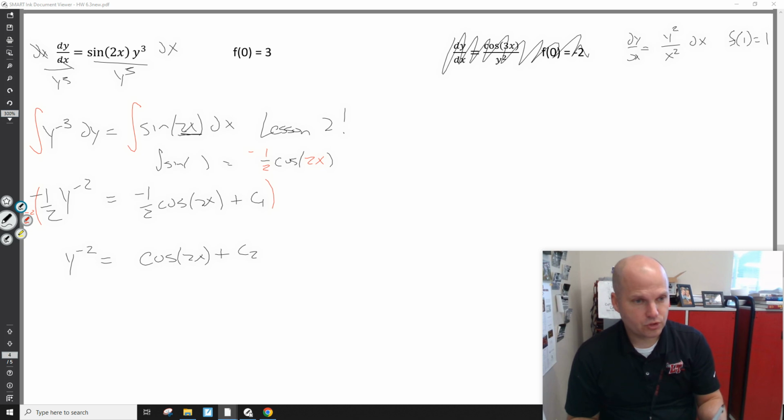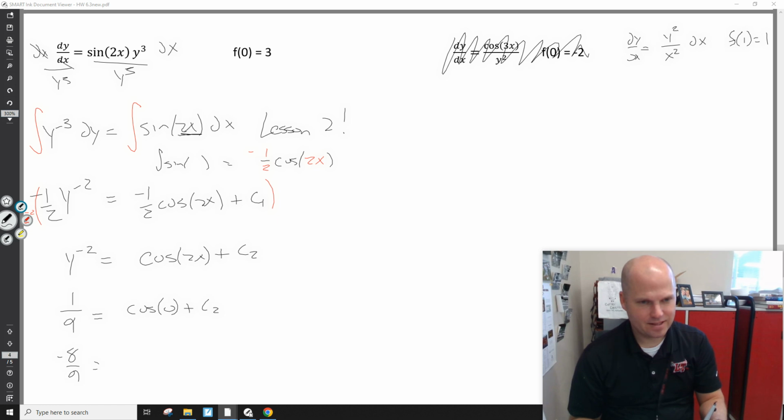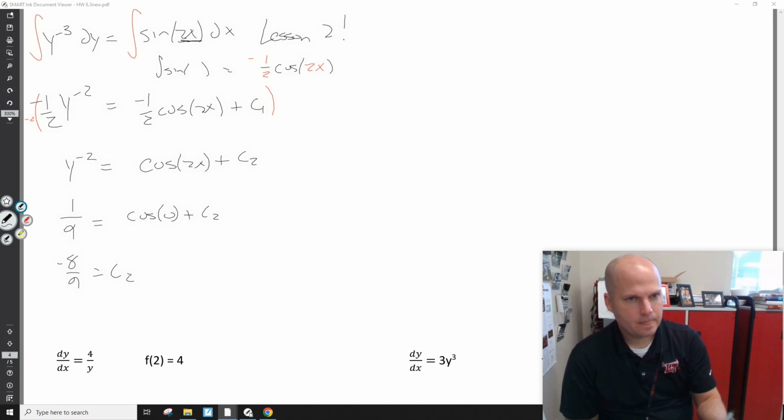F of 0 equals 3 means 1/9 equals cos of 0 plus c2. Cosine of 0 is 1. I'm going to subtract 9/9. I get negative 8/9 is c2. Okay. Combining those two, we get 1 over y squared equals cosine 2x minus 8/9.